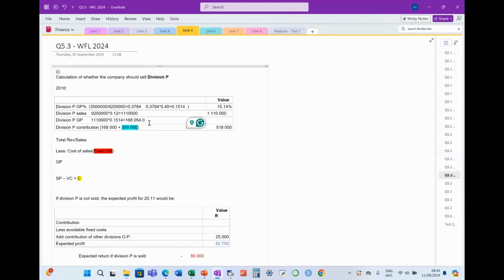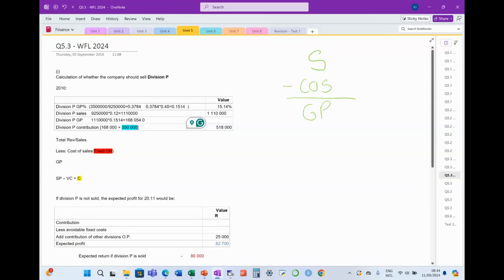But you see something interesting. On the third bullet point, they said manufacturing fixed overheads of 350 are included in the cost of sales. Remember, to calculate gross profit, we're saying sales minus your cost of sales. So we never looked at how much our cost of sales was.